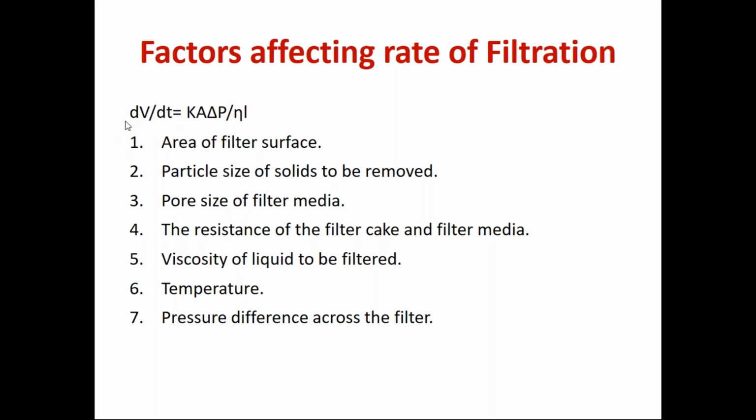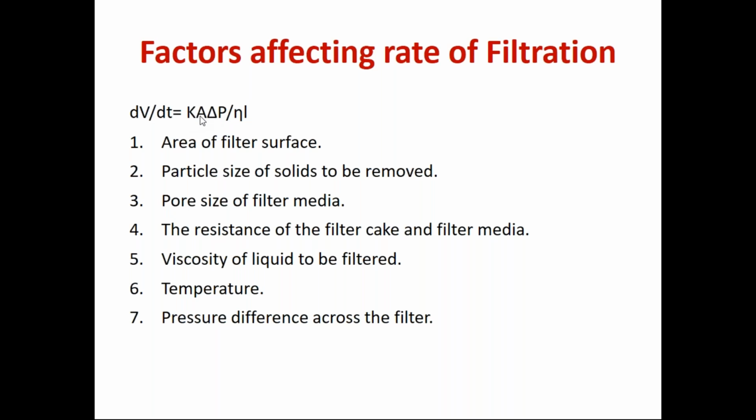In general, whatever factors are in the numerator are directly proportional. Always remember, dV by dt is the rate of filtration. So this is directly proportional to K A delta P. Directly proportional means that if you vary these factors, there is a direct influence on this.